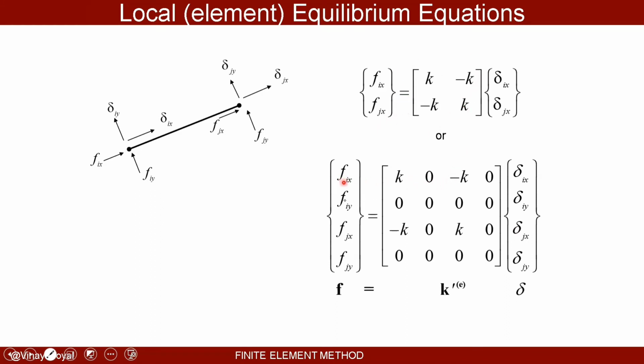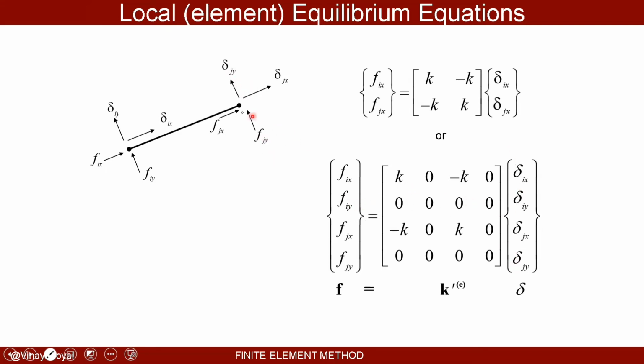So let's see, Fix is equal to k times del Ix minus k times del Jx. Let's look here. Fix is equal to k times del Ix minus k times del Jx. I got the same answer. Let's look at the second equation. Fiy is 0 times that, 0 times that, 0 times that, 0 times that. That's 0. Exactly.